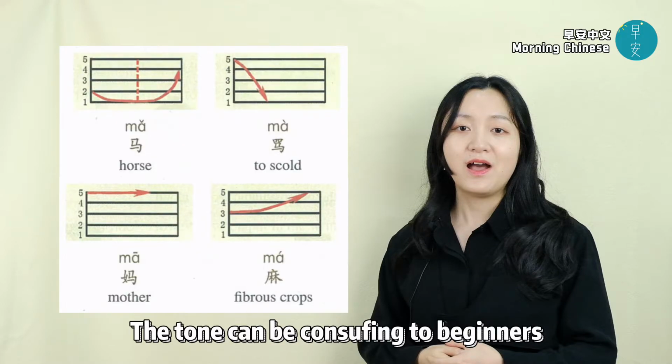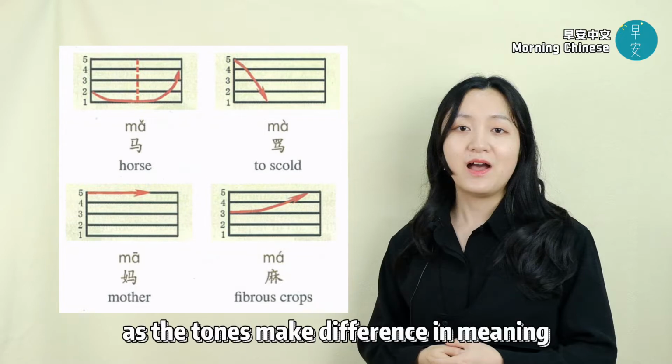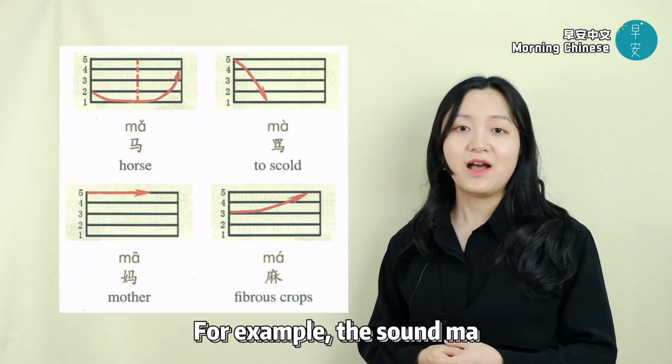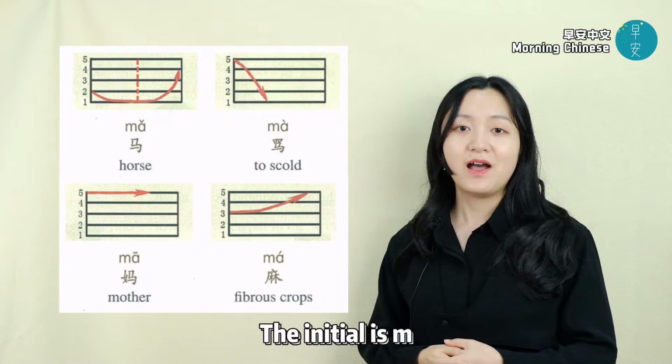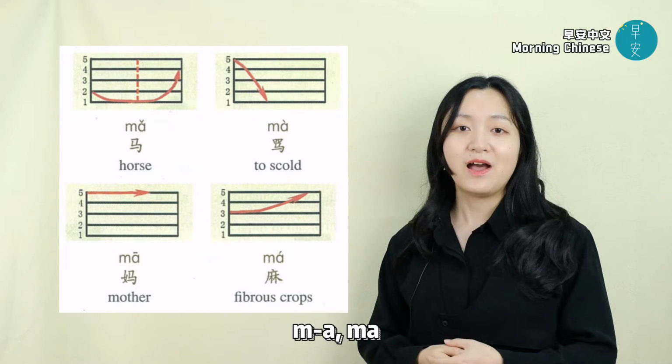The tone can be confusing to beginners, but it's crucial to learn as the tones make a difference in meaning. For example, the sound m, a, ma. The initial is m, the final is a. Both are easy to pronounce. M, a, ma. With the first tone, mā, it means mom.